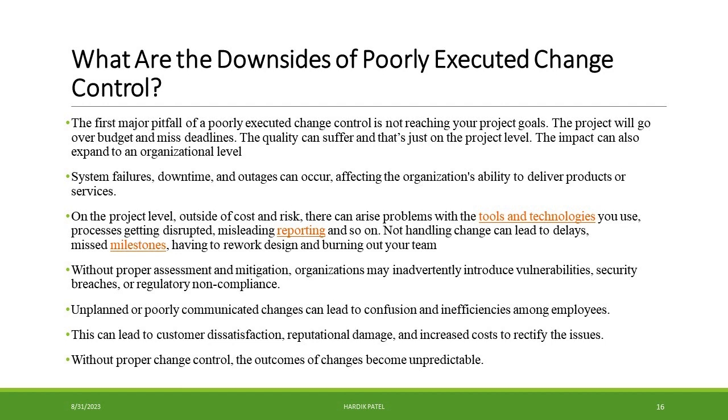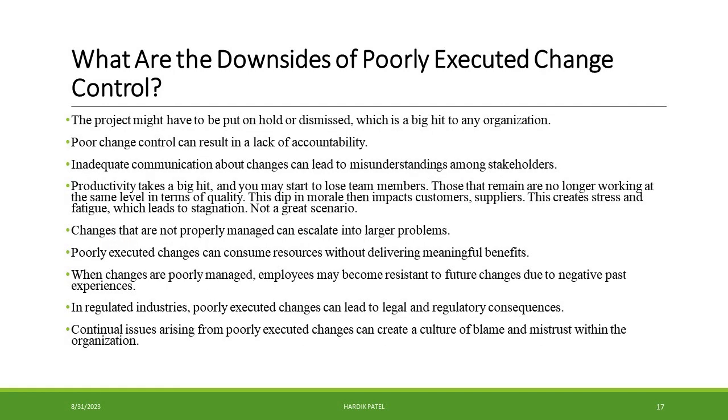Without proper change control, the outcomes of changes become unpredictable. Organizations might not fully understand the implications of the changes they are implementing, leading to unintended consequences. The project might have to be put on hold or dismissed, which is a big hit to any organization.